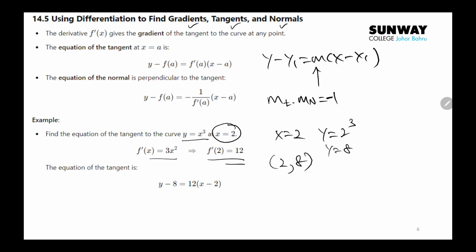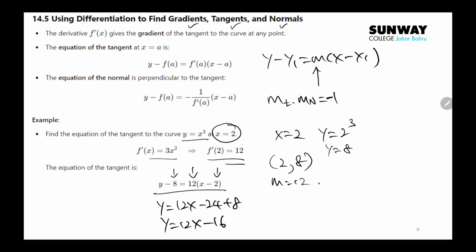So at this particular point (2, 8), with this gradient of 12, substitute all the corresponding values into the equation. This is what you'll get. Of course, you can also further simplify it: y minus 8 equals 12x minus 24, so y equals 12x minus 16. That is also fine.